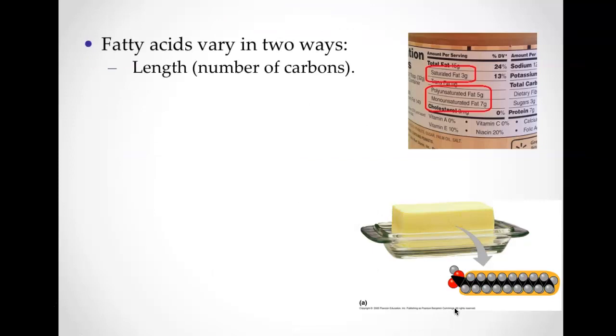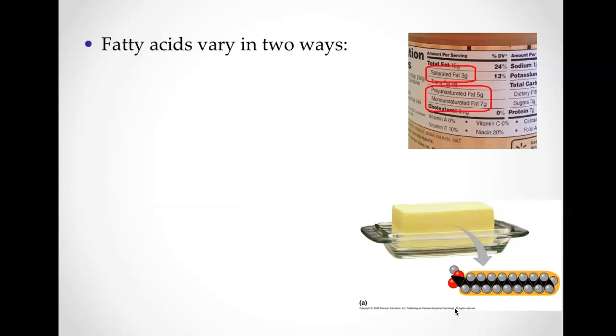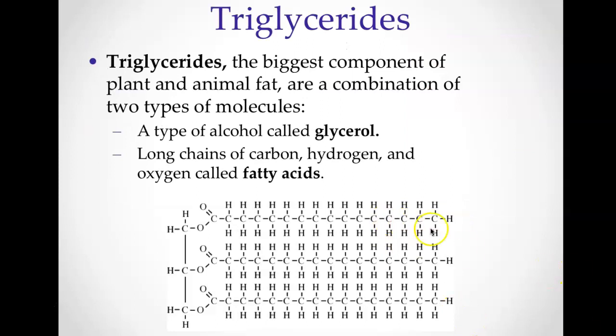Fatty acids are going to vary in 2 ways, the length and the presence of double bonds. All right, and when we talk about double bonds, we're talking about the double bonds between carbons. A saturated fatty acid is going to have the maximum number of hydrogens possible, no double bonds. So this picture right here would be a saturated fatty acid because you don't see any double bonds.